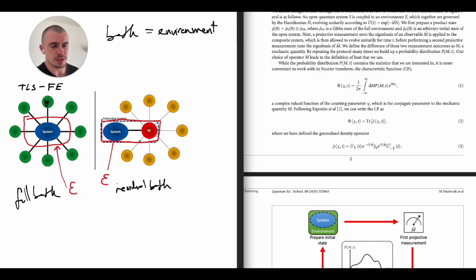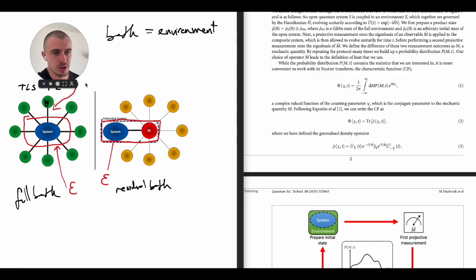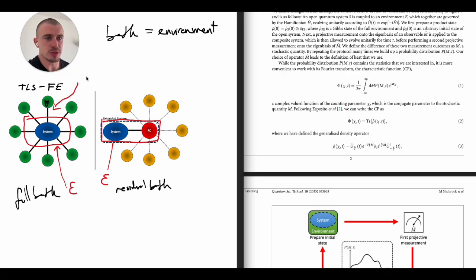Now, the reason that we're doing this is because ergotropy is essentially how much work you can extract from a quantum state. So our idea is if you can extract work from the reaction coordinate, and what you have to remember is that the reaction coordinate is a part of the full bath. So we define the reaction coordinate to be essentially a little bit of all of the modes from the full bath.